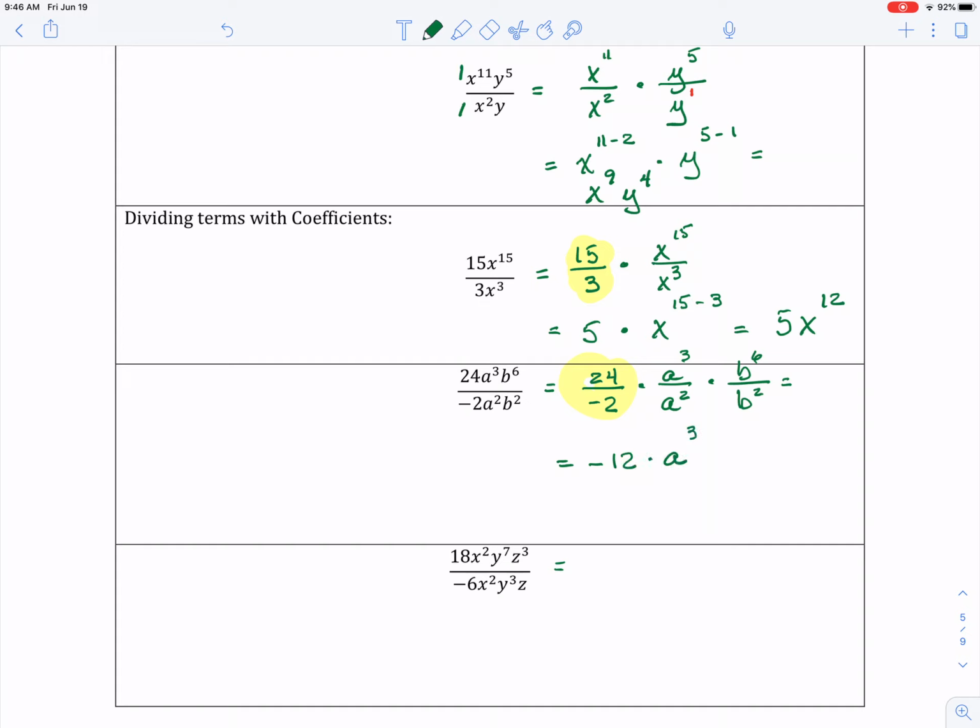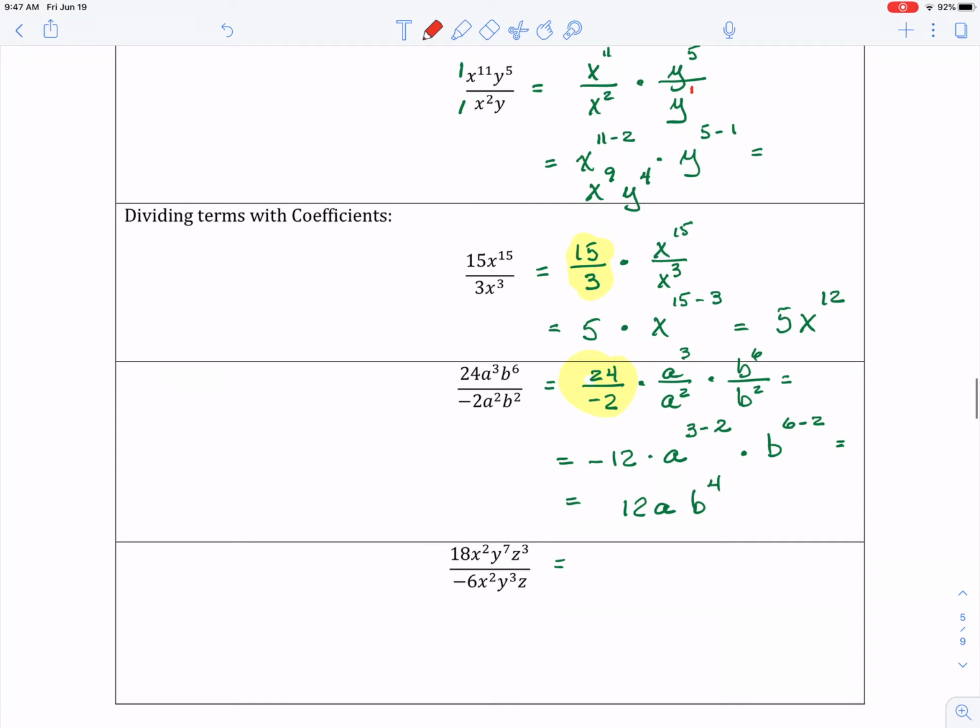Write down the base a and subtract exponents. Write down the base b and subtract exponents, and then finish it all up. Notice there is a 1 there, and I'm not going to write down that 1.